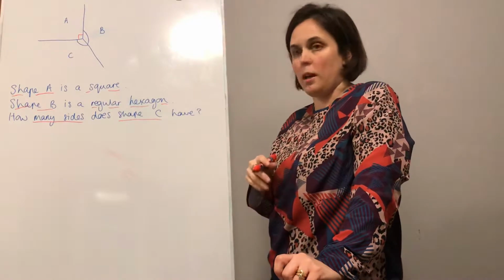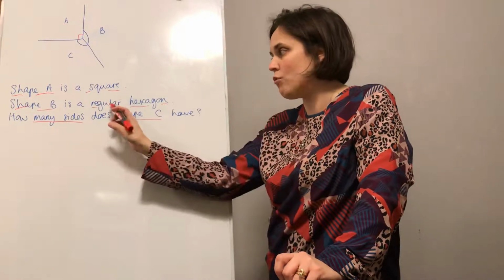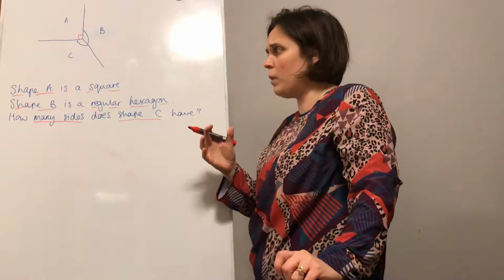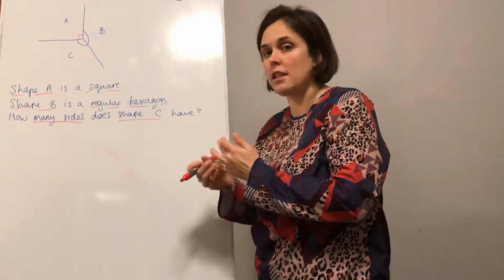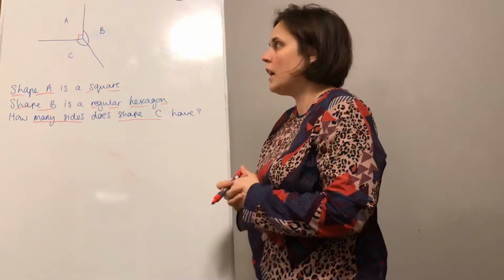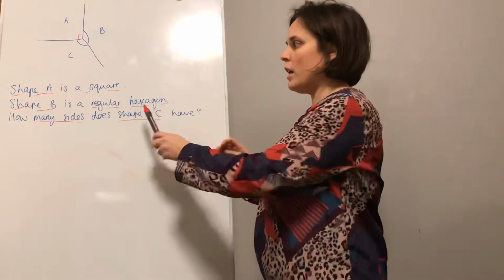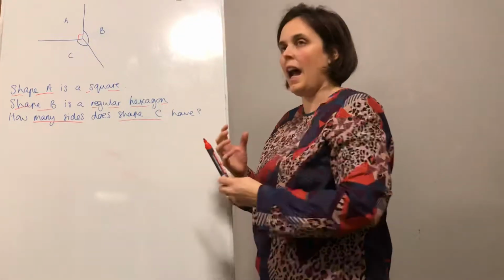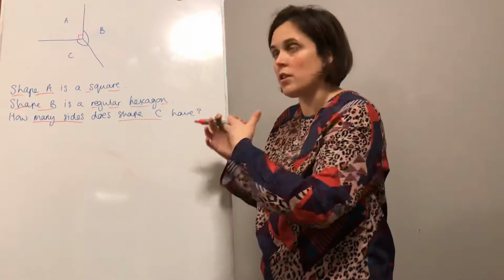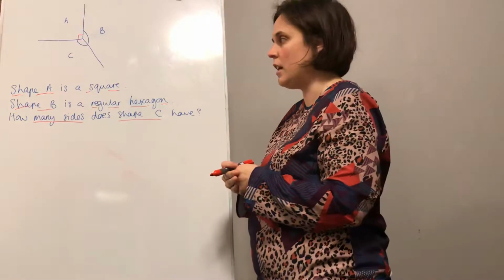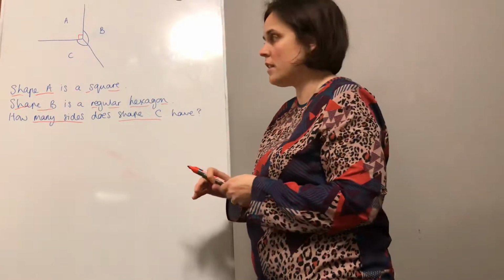So then we move on to shape B, and this time we're told it's a regular hexagon. For it to be regular, what that means is that all the sides and all the angles are equal. So we know that to be true, which does help us, but it only helps us as long as we know what the total of the angles in a hexagon add up to. Now there is actually a formula for this.